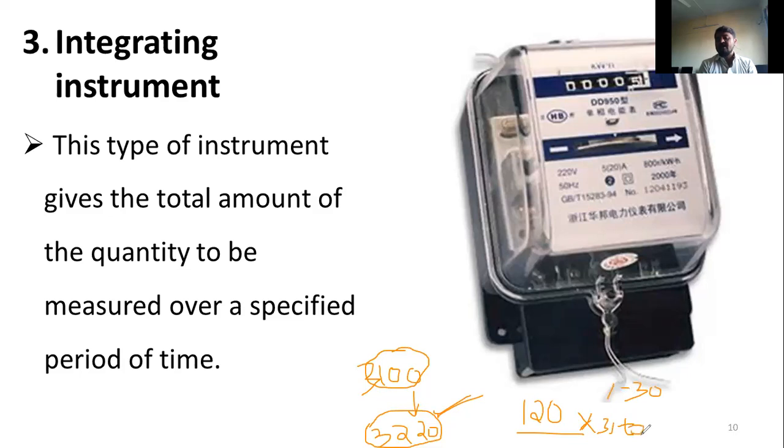Later the distribution persons will issue the bill. These types of instruments, which display total consumption for a particular period of time, we call integrating instruments.